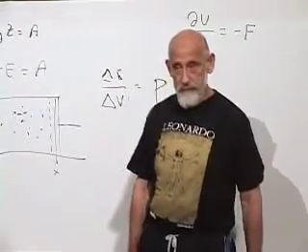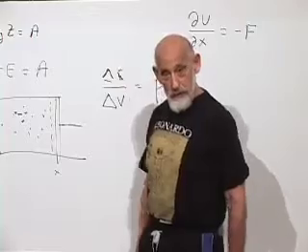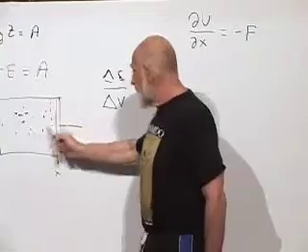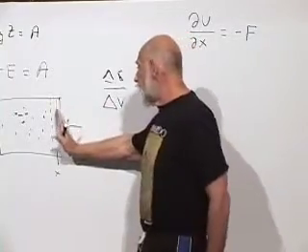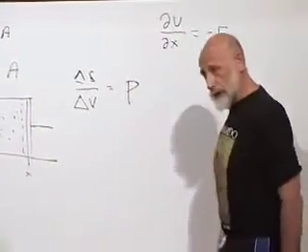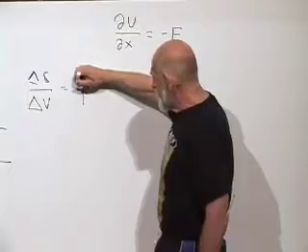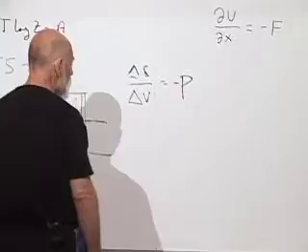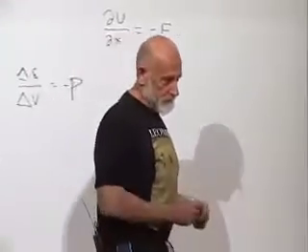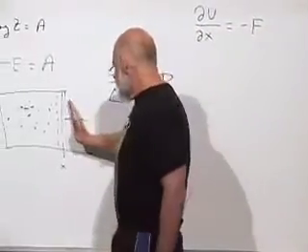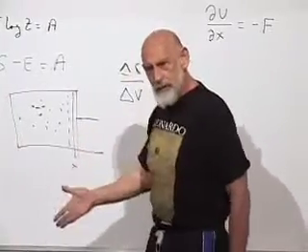Is that correct? All right. But the pressure is positive. All right. Delta E is positive. Delta V is negative. So delta E divided by delta V would be negative if I squeeze the gas a little bit. But that must correspond to positive pressure. So there must be a minus sign here. And there is. All right. So the change in energy per unit volume is minus the pressure. That minus sign always seems a little peculiar to me, but it's right. And as I said, that's the way to think about it. Squeezing the gas decreases the volume but increases the pressure.